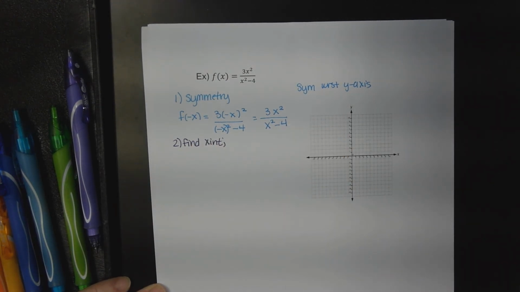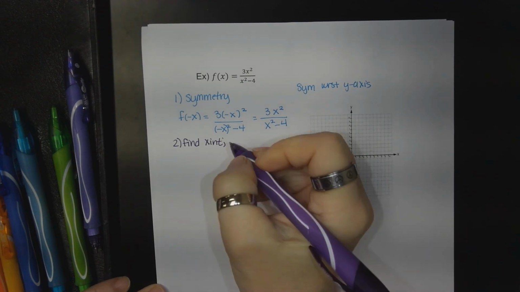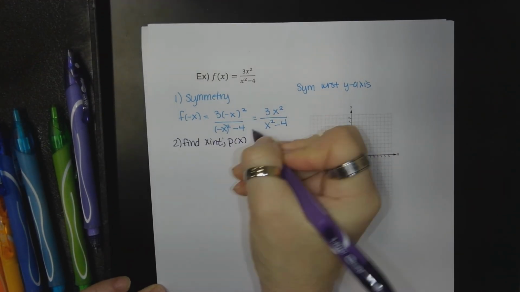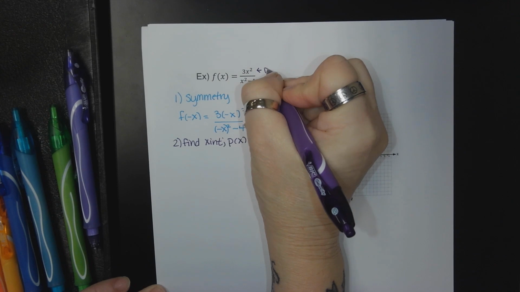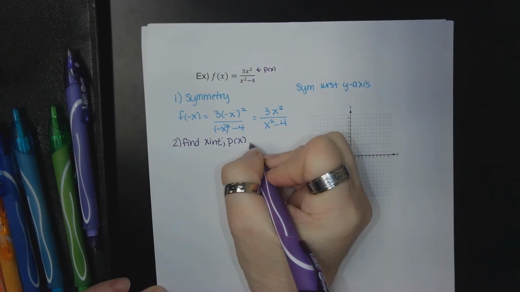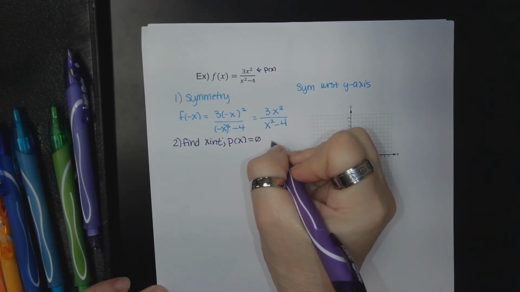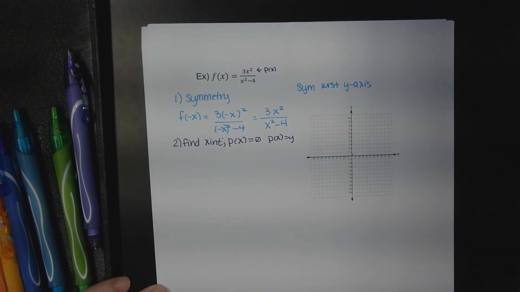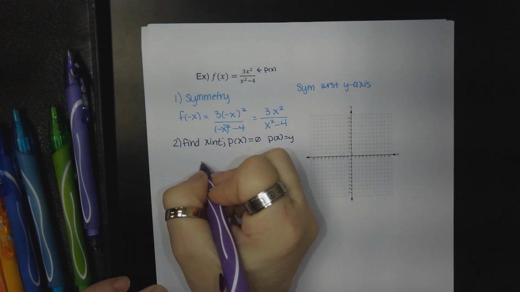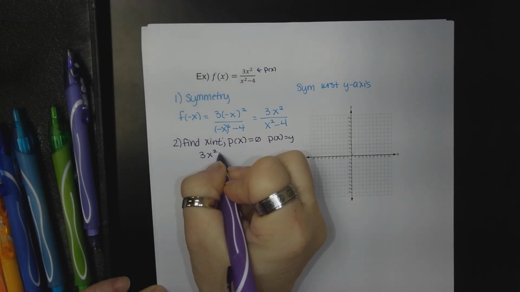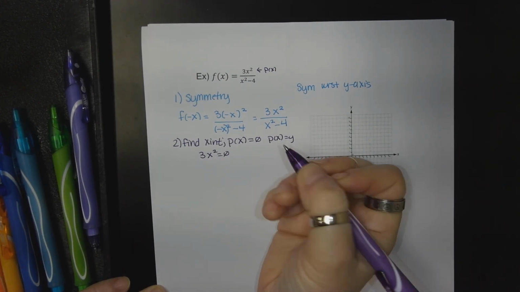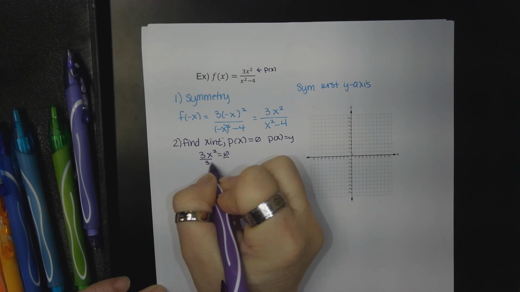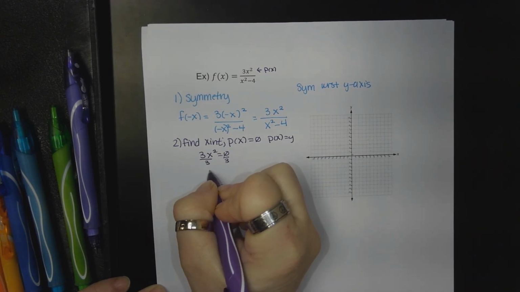Remember what we said equal to 0? The P of x, just the top. P of x equals y. So we're going to take 3x squared equals 0. For that, we're going to divide both sides by 3, because we want the x by himself.